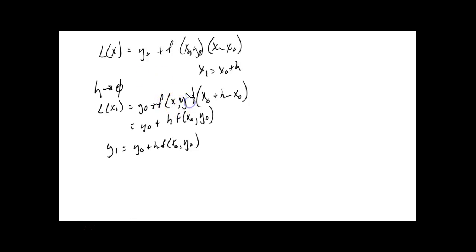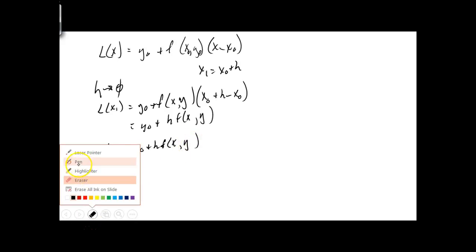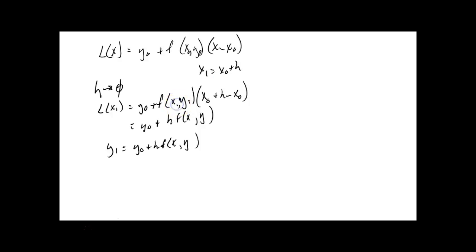This, I think, is supposed to be a 1. You plug in the x1 that you get here into f, so y1 is going to be, here's your x1, plug that into your f, that gives you your new slope, and that gives you that. This is the formula they have at the bottom.